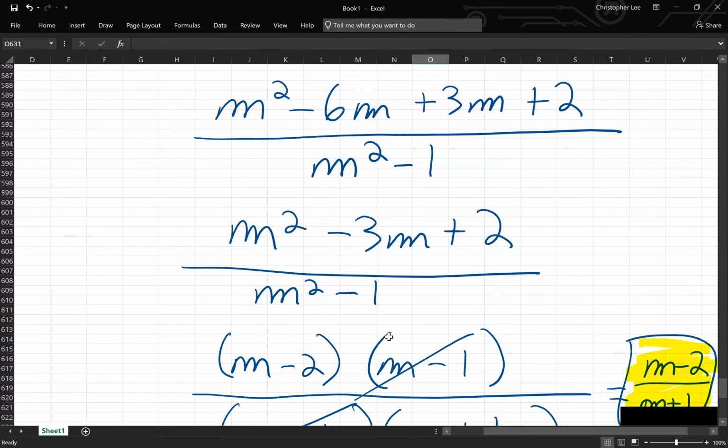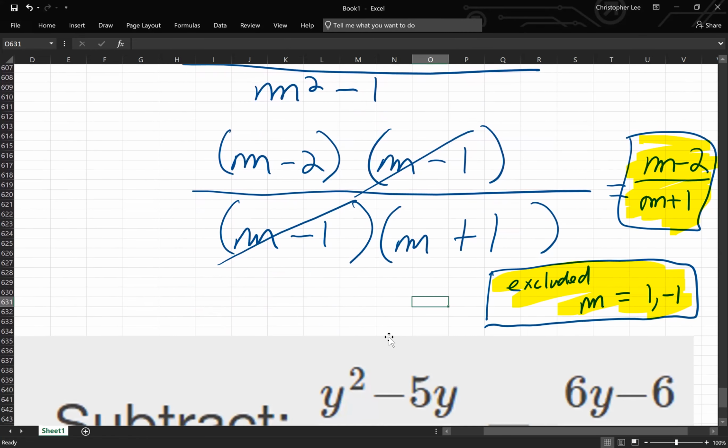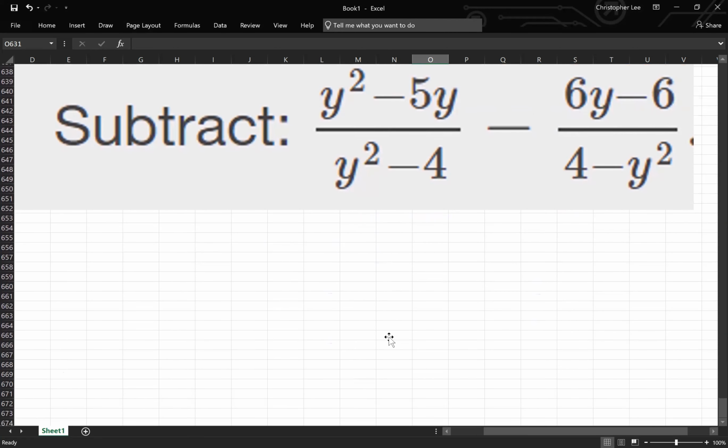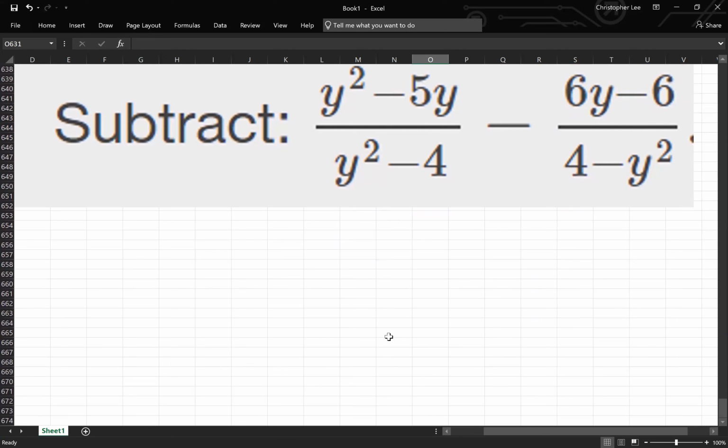Yep, this is the trick. Yeah, y squared minus y. Looks good. Factor, cross out like terms.